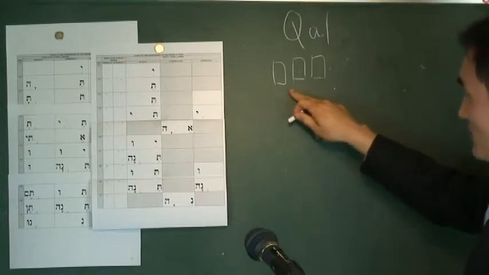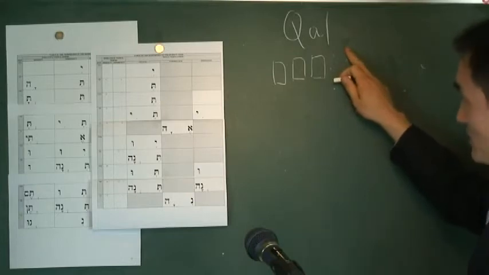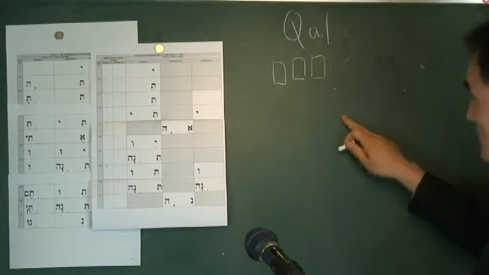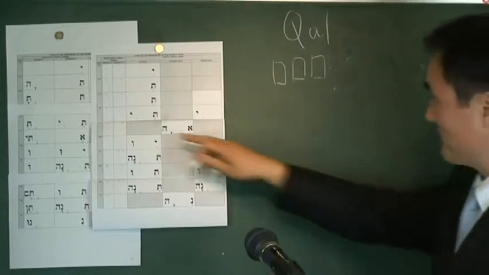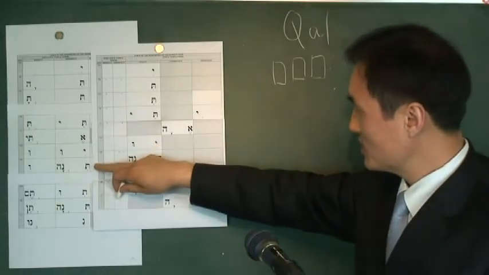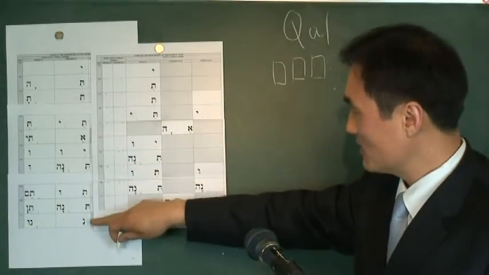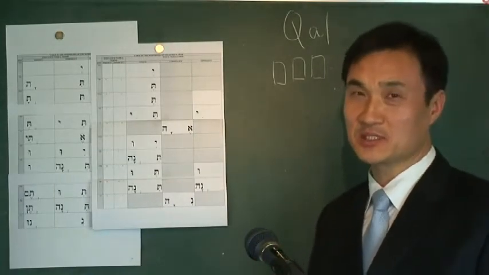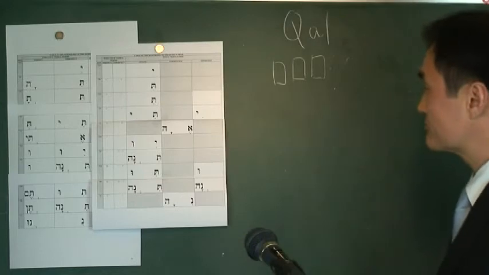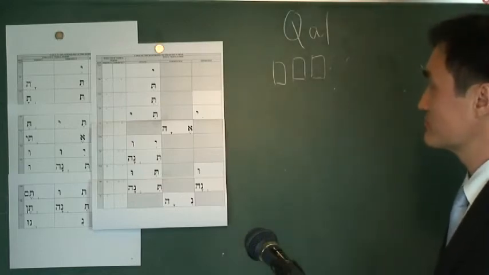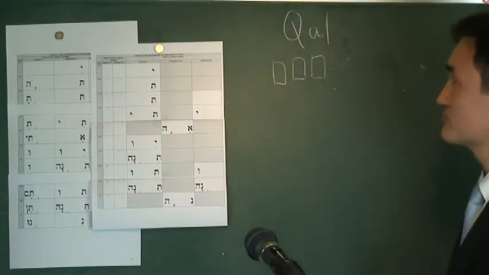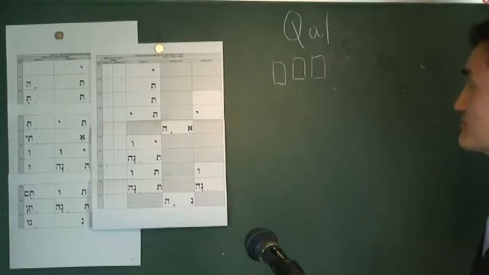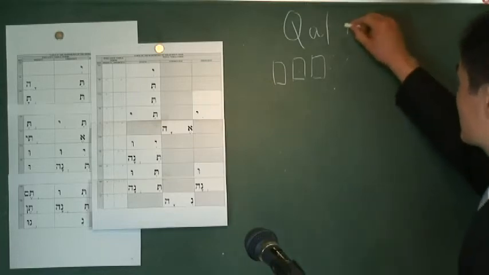The imperfect form of the kal verb is made up of the prefixes and suffixes e, t, t, te, aleph, u, tina, tu, tina, ni.